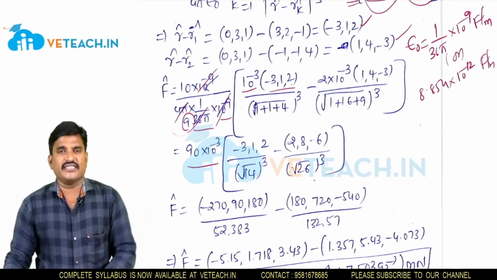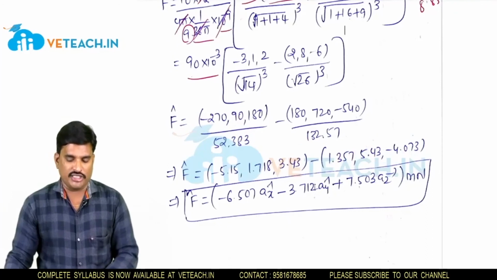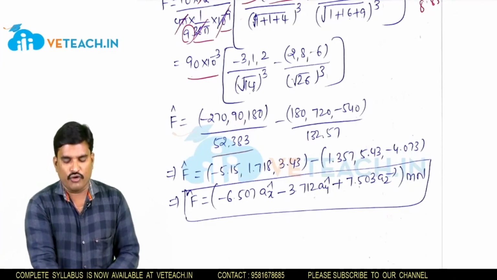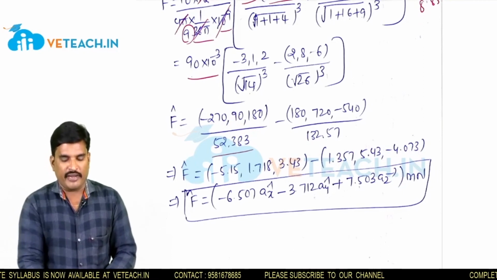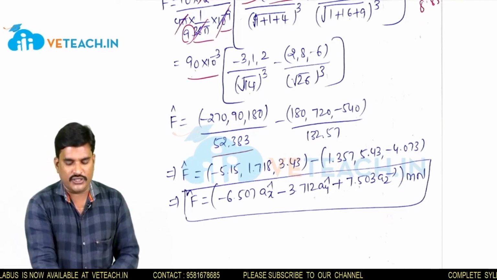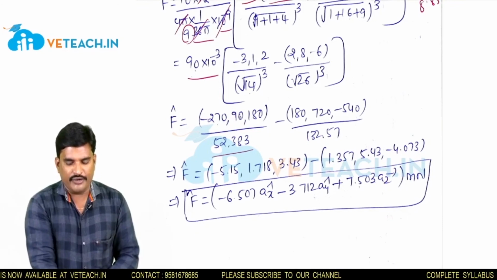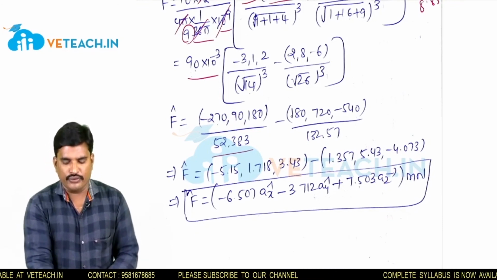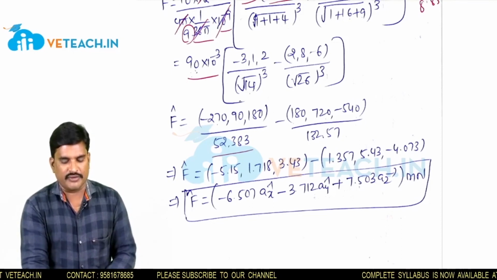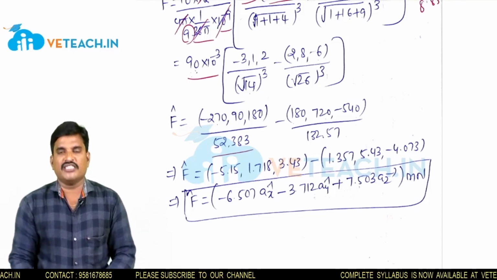Simplifying, root 14 whole cube is 52.383. When I multiply 90 with that, minus 270, 90 into 1 is 90, 90 into 2 is 180, and so on.